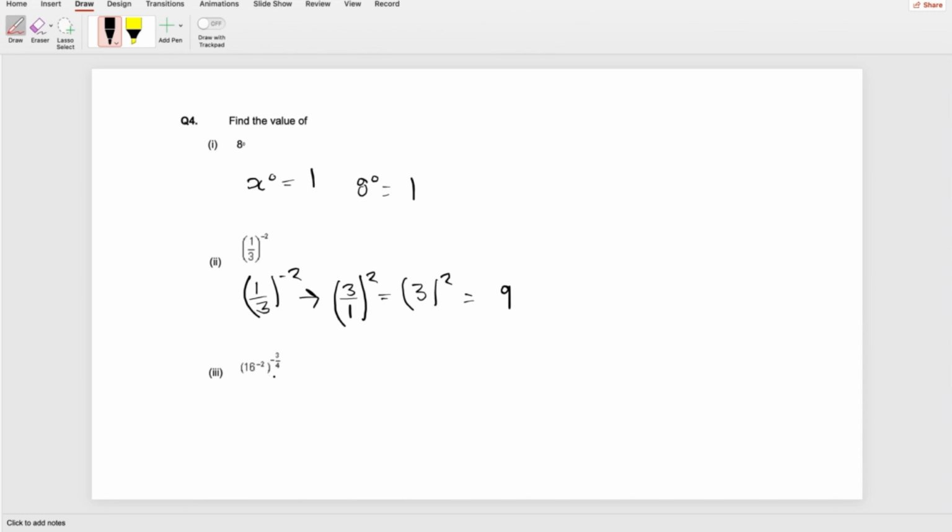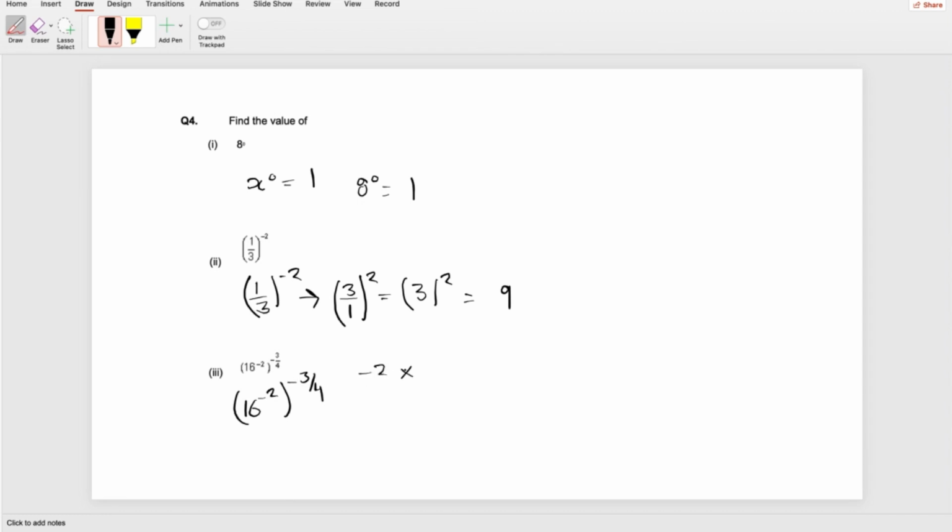Now, I'll let you have a go with this one, see if you can do it. Whenever you have powers inside the bracket and outside the bracket, it means you have to multiply them together, to make it easier for you. So 16 to the power of minus 2, all to the power of 3 over 4. You multiply minus 2 by minus 3 over 4.